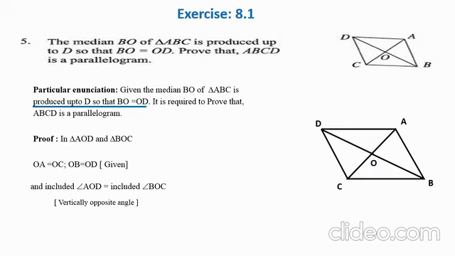So now triangle AOD and triangle BOC are congruent following the SAS theorem.